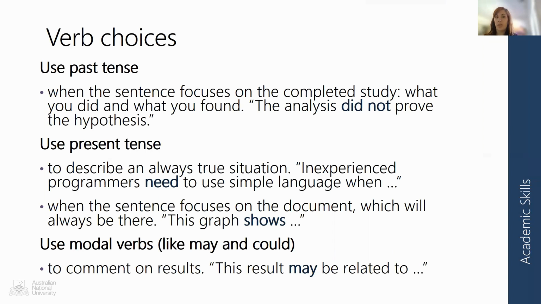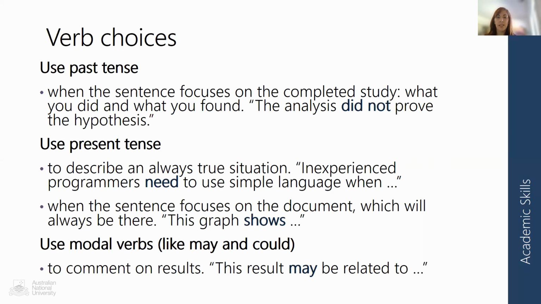So some ideas about verb tenses. It's good to get your head around when to use the different tenses. For academic writing, you do want to use the simple tense range. So that's a load off, to just focus mainly on simple past and simple present, as well as modal verbs, as you see in this slide. Use past tense for things that you've done, what you did and what you found.